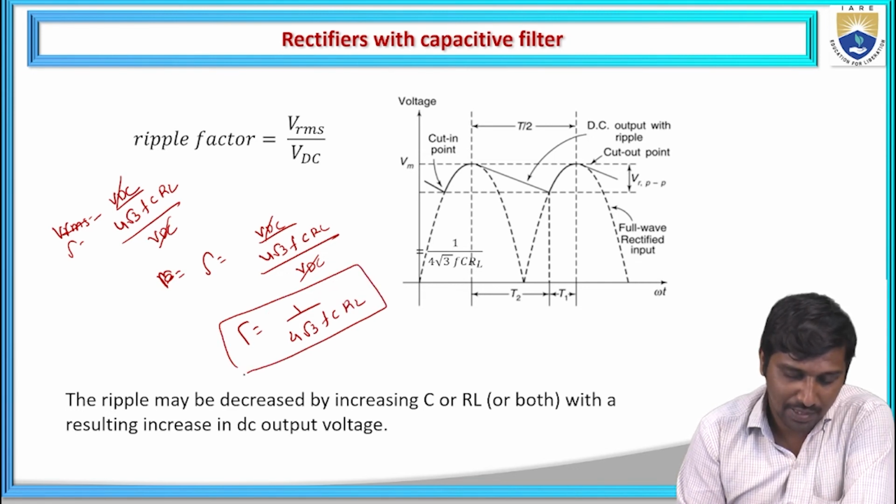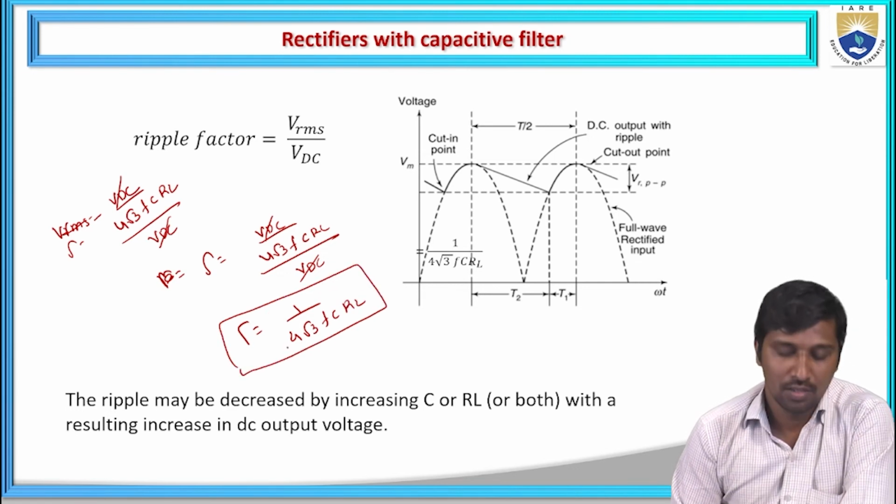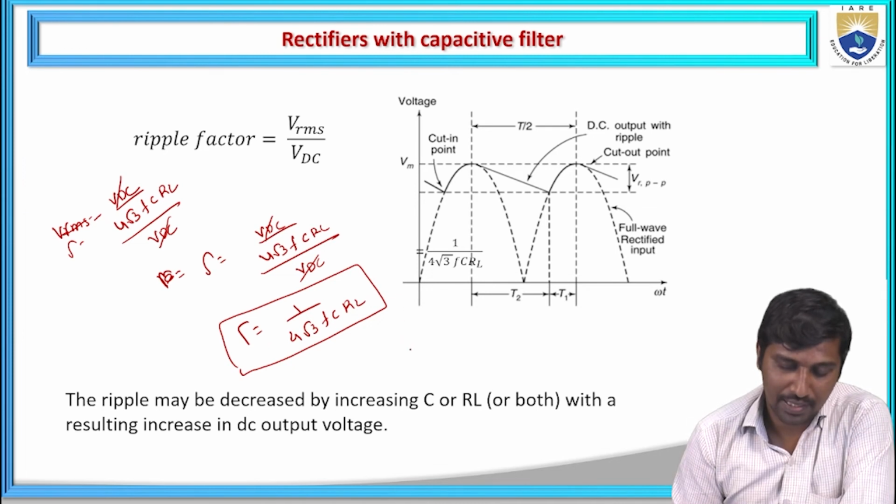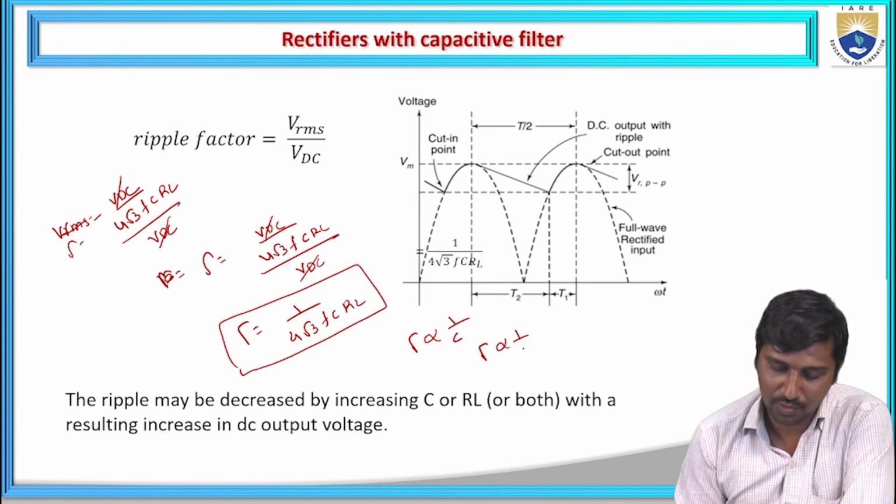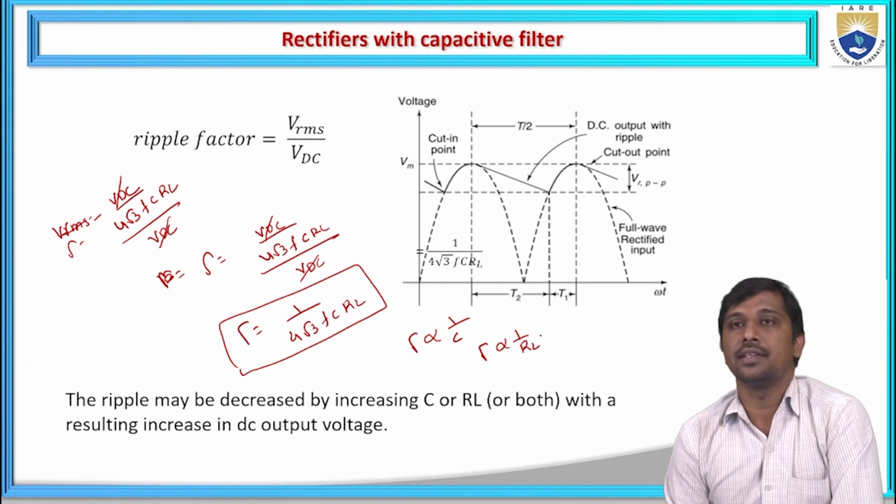And from this mathematical relation, we observe that the ripple factor is inversely proportional to either the capacitance or the load resistance.